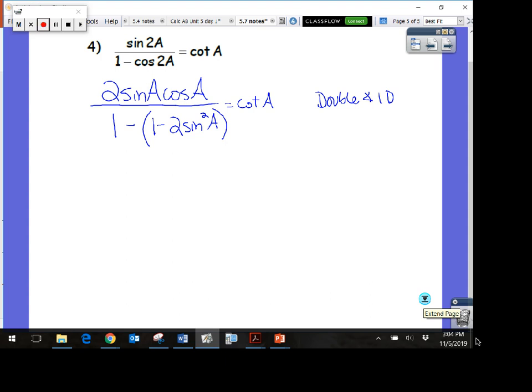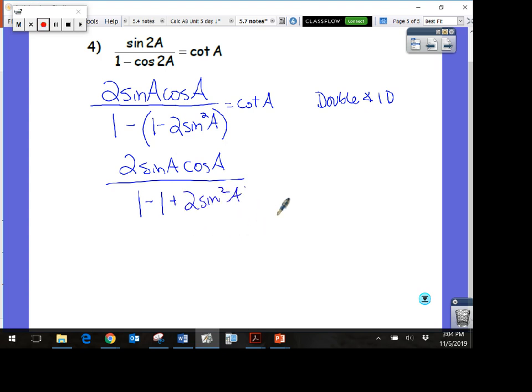All right, so now I just need to clean this up a little bit. So the top I can't do anything with. It's still just 2 sine A cosine A. That denominator, I can distribute that negative. All I did right there was distribute or multiply. Multiply is fine also. Distribute and multiply, interchangeable.